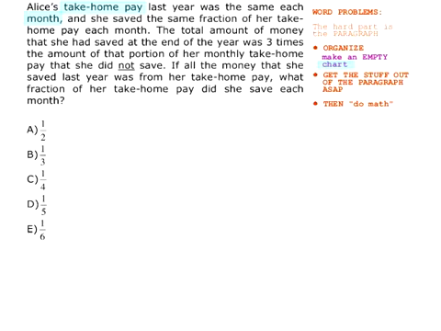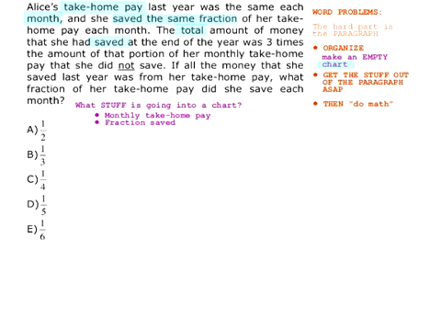What stuff is going into a chart here? Well, all right, so we have monthly take-home pay. We have fractions saved. That's this one. This is the total amount of money saved.